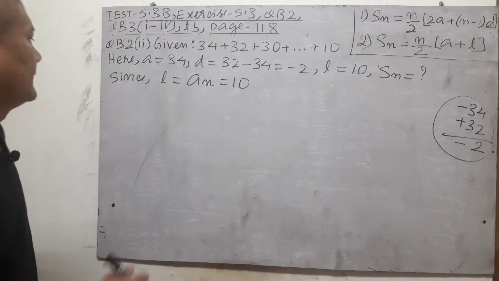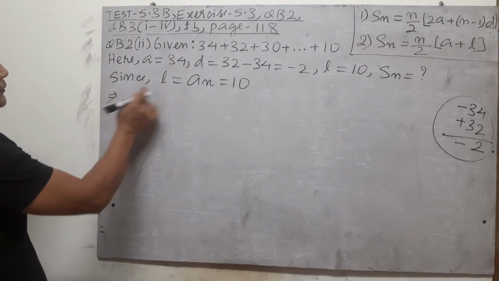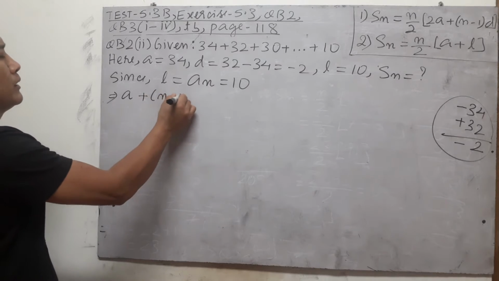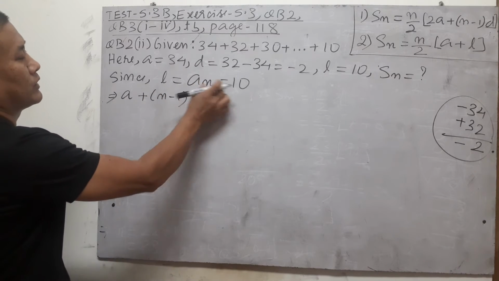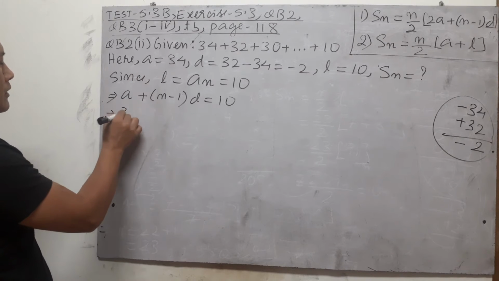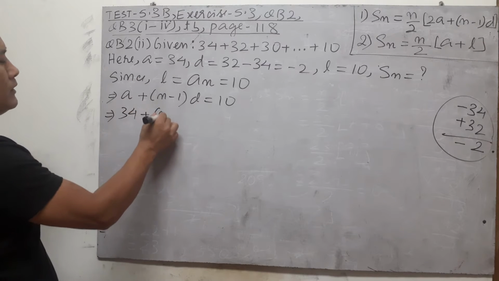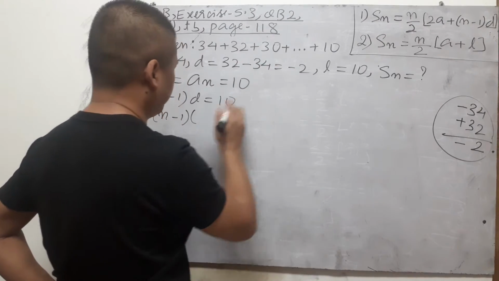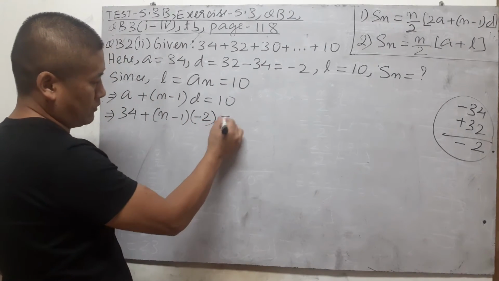So this implies the An formula from our previous exercise, a plus n minus 1 into d, equal to 10. Here a is 34 plus n minus 1 into d, which is minus 2, equal to 10.